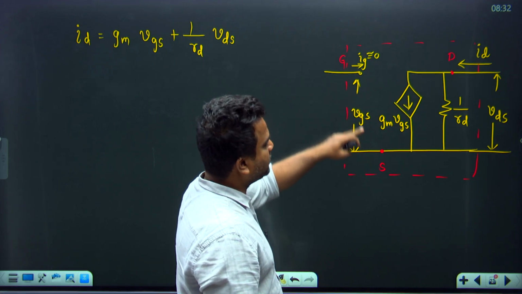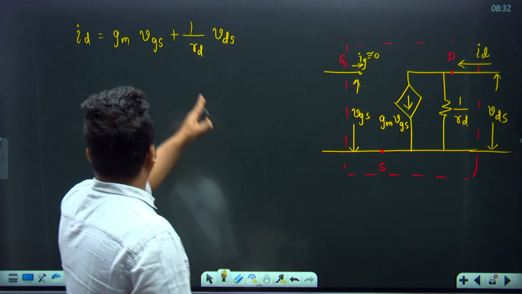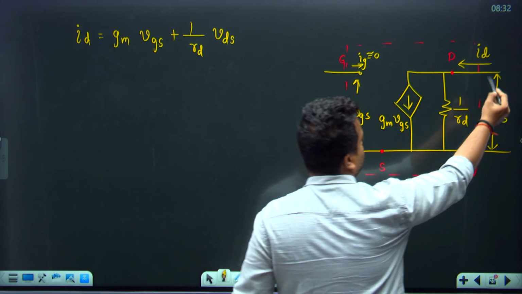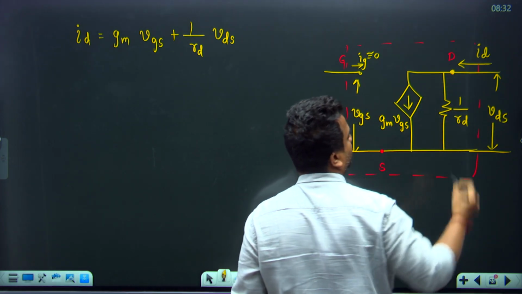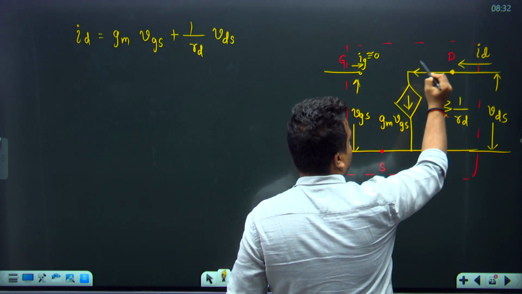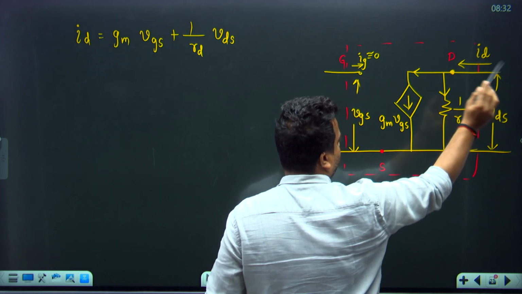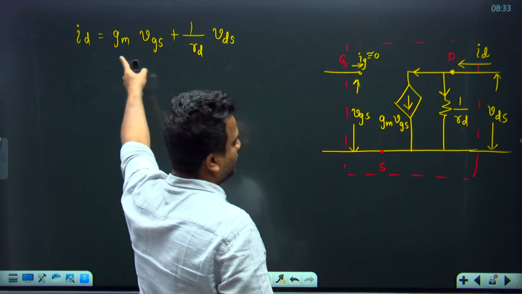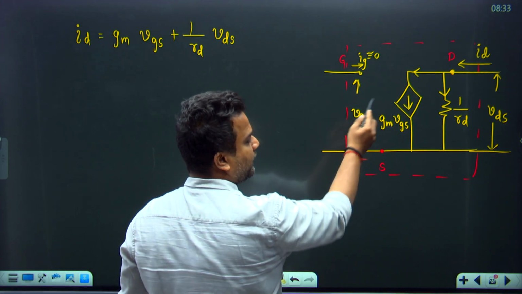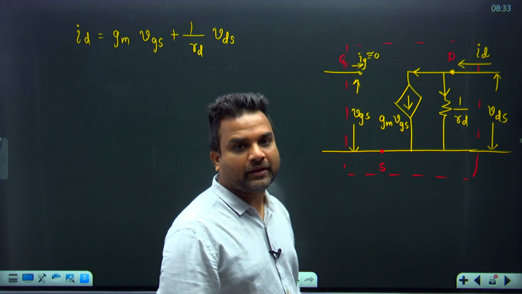Between the gate and source there is an open circuit only, remember. Now you apply KCL at this node D, so that ID is equal to the GM VGS current plus 1 by RD into VDS. You will get it. ID is equal to GM VGS plus 1 by RD VDS.